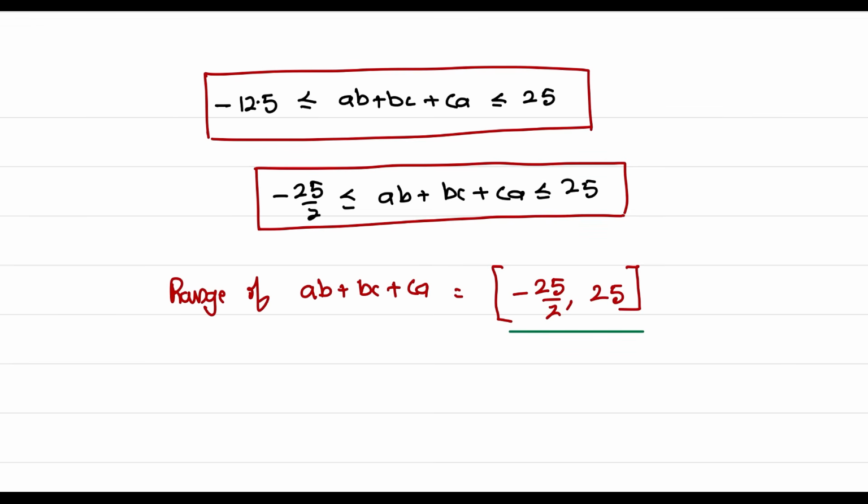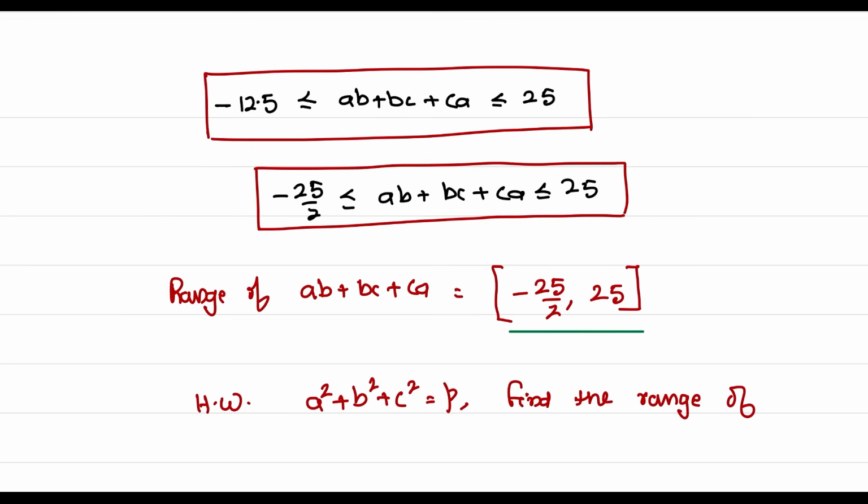Now, as a homework I want to give you: if I say a square plus b square plus c square is equal to some p, then can you find the range of ab plus bc plus ca in terms of p?